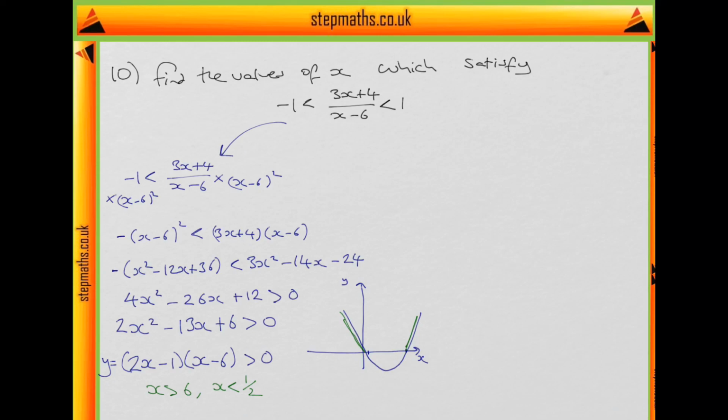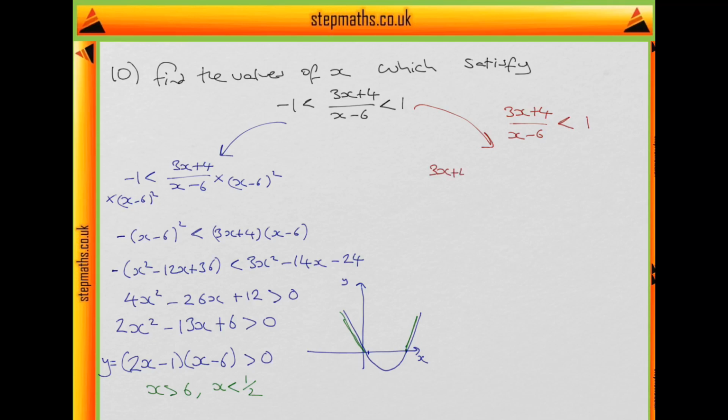Now we also need to consider the right-hand side of the inequality. So this time we're considering (3x plus 4) over (x minus 6) being less than 1. Again, we multiply through by x minus 6 all squared, so as not to alter the inequality.